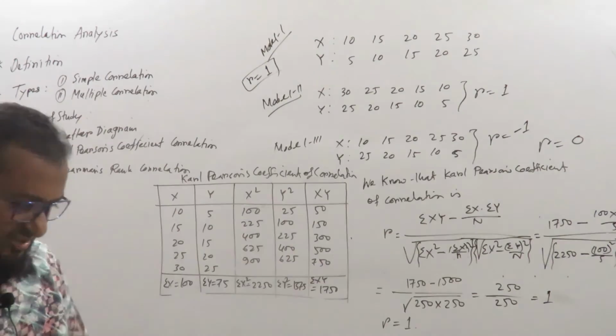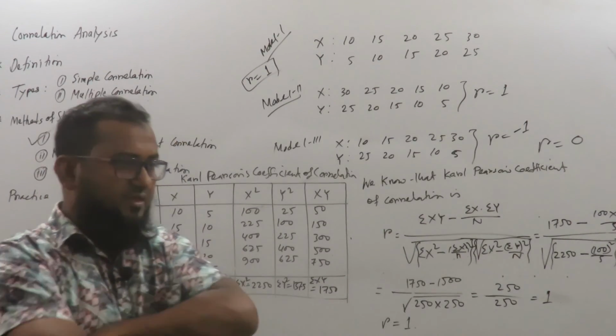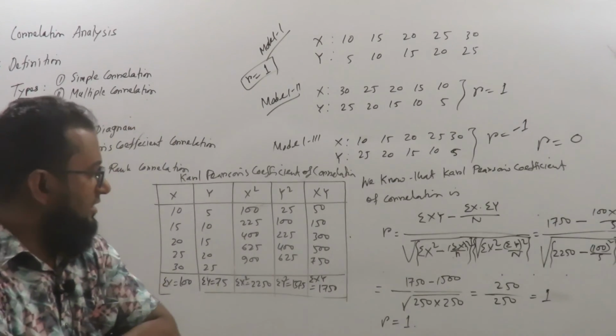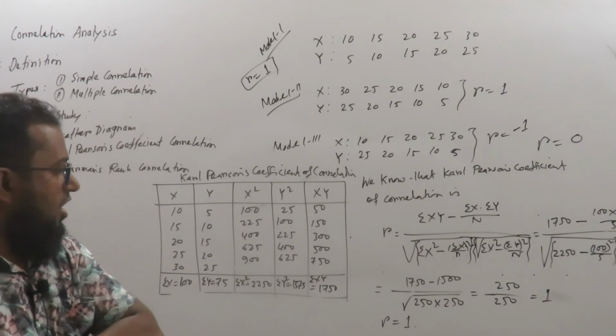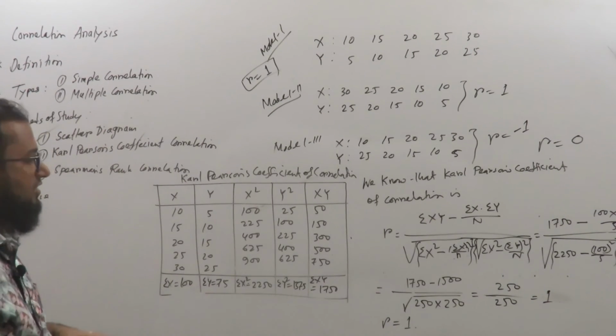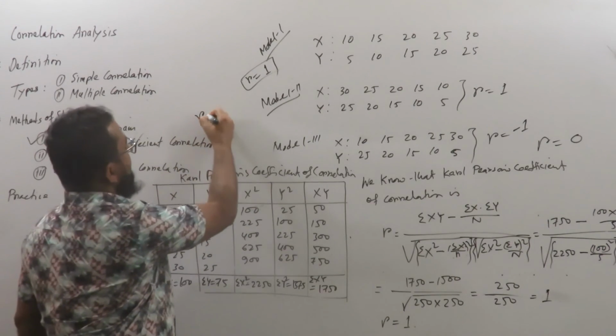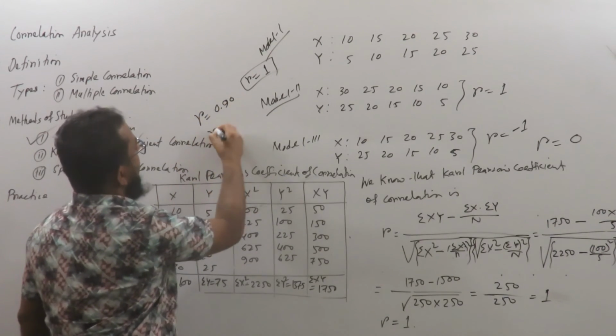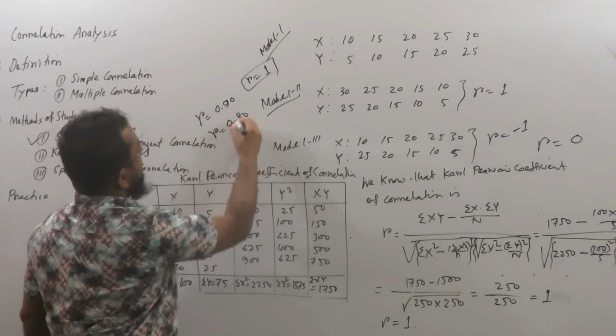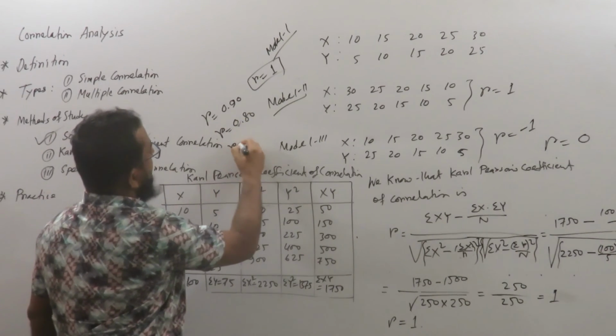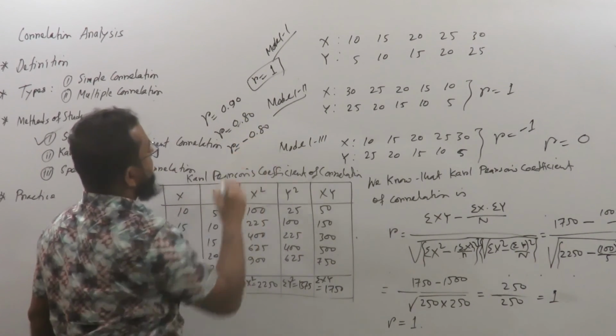But dear students, you don't always get the result 1 or -1 or 0. You may have r equal to 0.90, r equal to 0.80, r equal to minus 0.80.